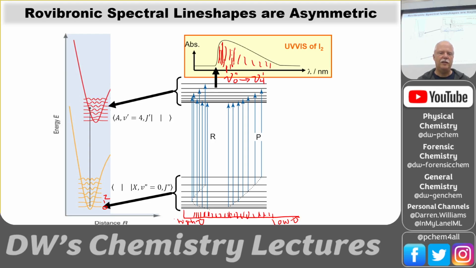And then the P branches are here, and they tail down. So notice that the peak maximum doesn't line up with the nu 0 difference. And the position of this band head is actually what we want to label. So we're going to pick this spot right here. This is the main point of the lab.